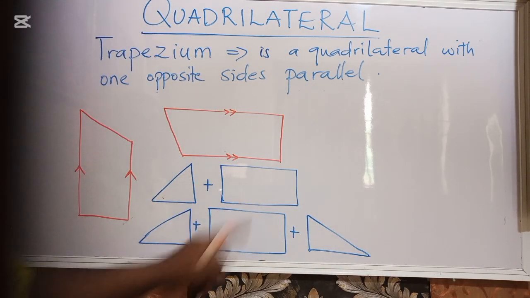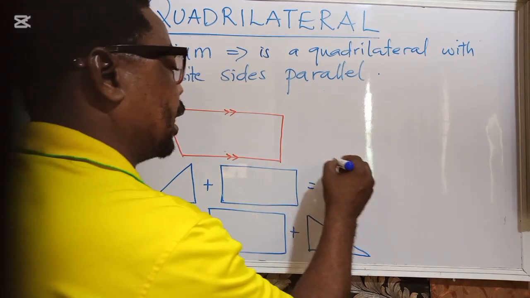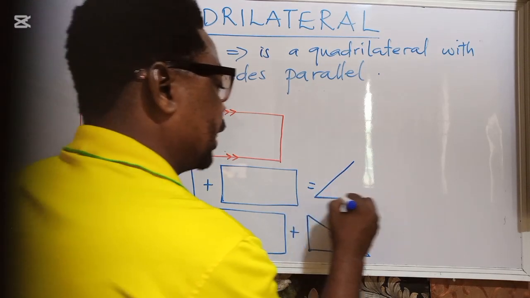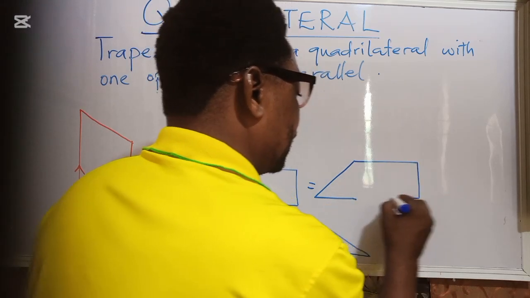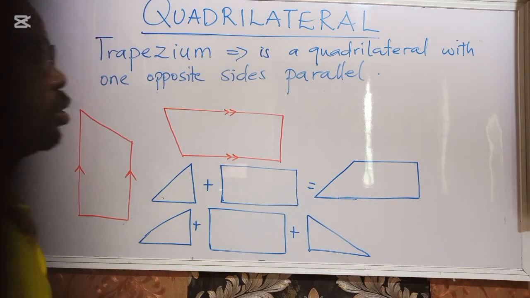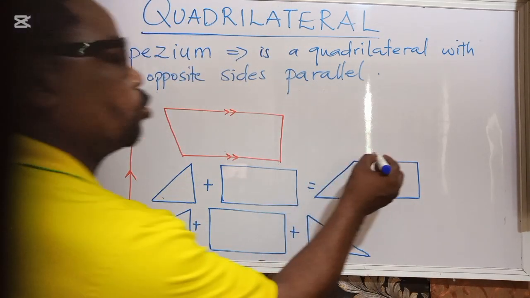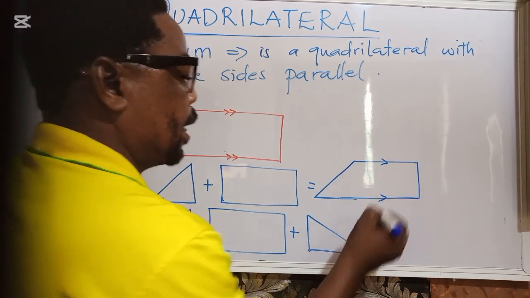If you join this one together, it's going to give you a triangle like this and a rectangle this way. Look at it. This is a trapezium, knowing fully well that this one is parallel to this one.